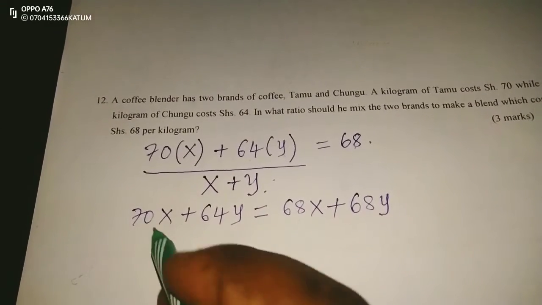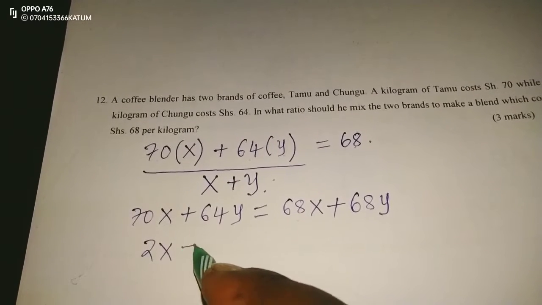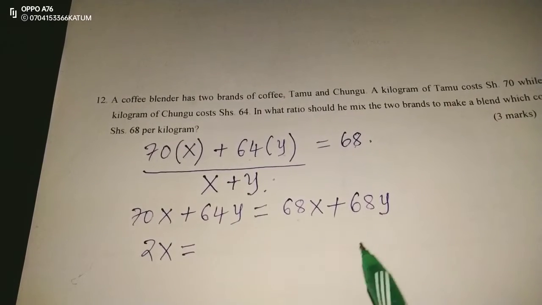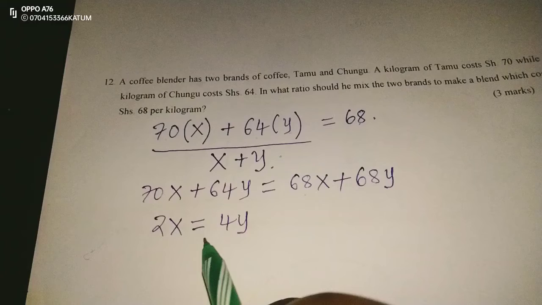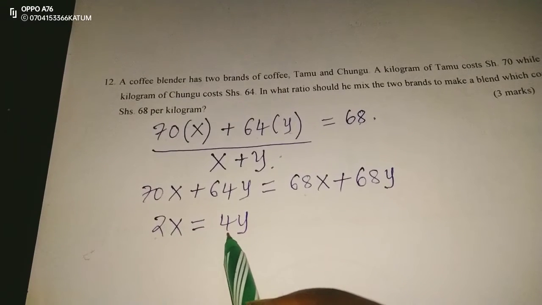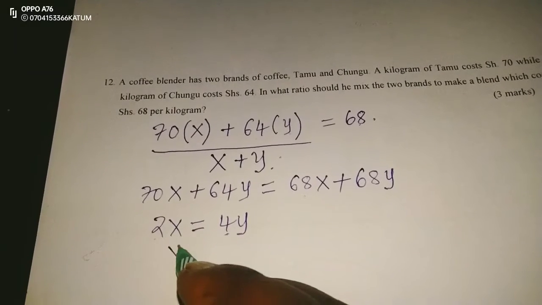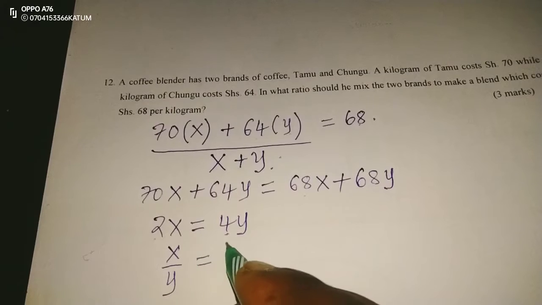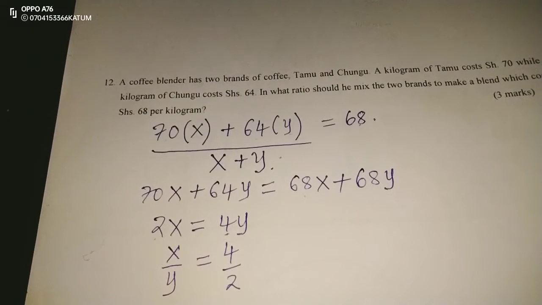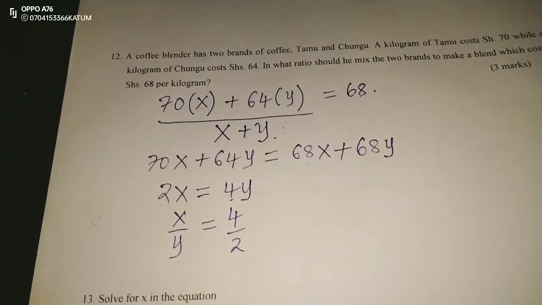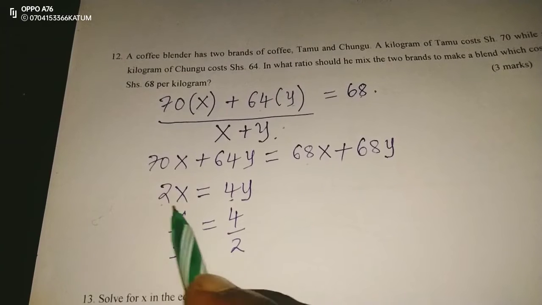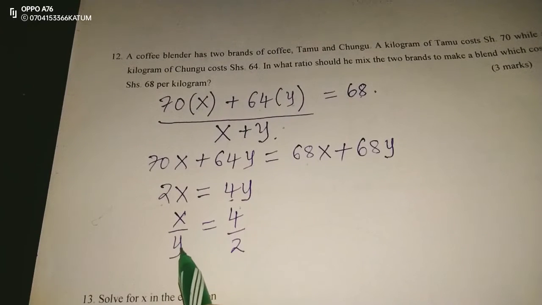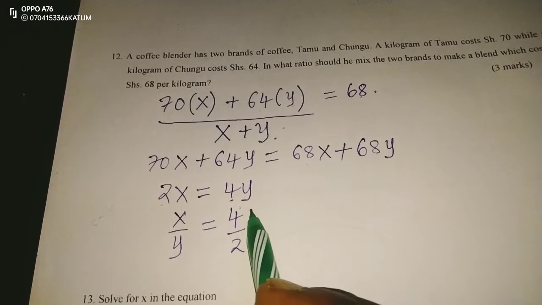So I can now group such that the x's come to this side, and this will be 2x equivalent to 68 minus 64, which gives 4y. To remain with x, we divide through by 2, and to remain with 4 alone, we divide through by y. So x out of y will be equal to 4 out of 2, which simplifies further into 2 out of 1.